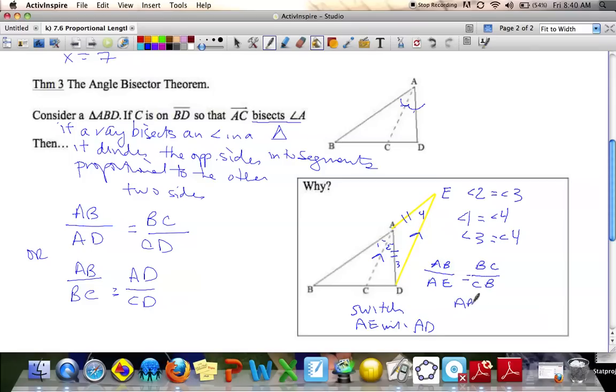So we'd have AB over AD equals BC over, this should be CD. So this up here should be CD. That's why we always make our notes in pen. BC over CD. So notice this one is the same as what we did in the beginning.